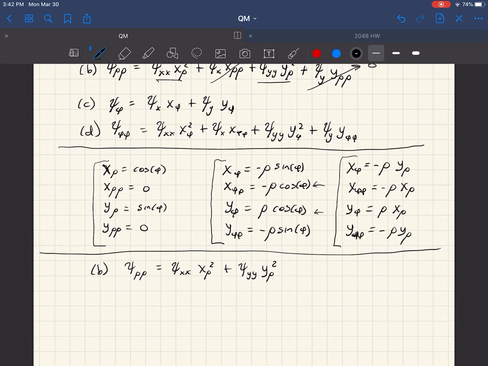And we can see that the rho derivative of x is cosine, it's sitting right there, and it's squared. And the rho derivative of y is equal to sine, and that's squared.